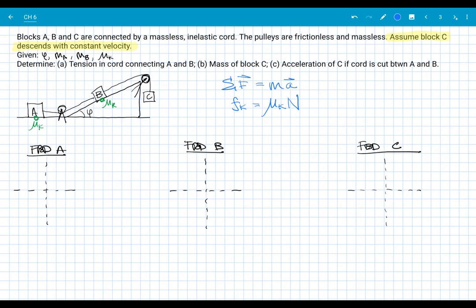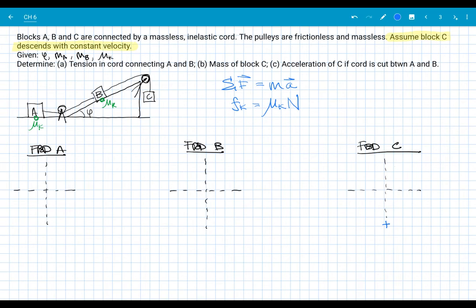Later on in the problem, we're going to be asked to find the acceleration of C if we cut the cord between A and B. Looking ahead, I know that I would want positive to be in the direction of motion, which is going to end up being in the direction of acceleration. So for that reason, I'm going to say positive downward, because that will be the direction of velocity for the first part of the problem, and it'll be the direction of acceleration once we get to part C.